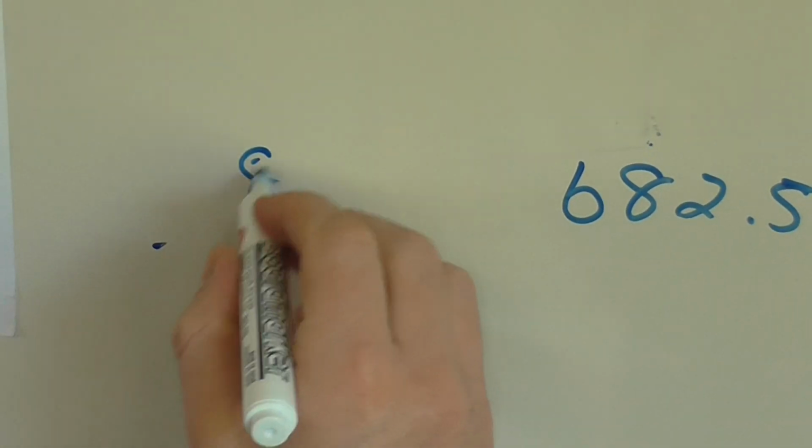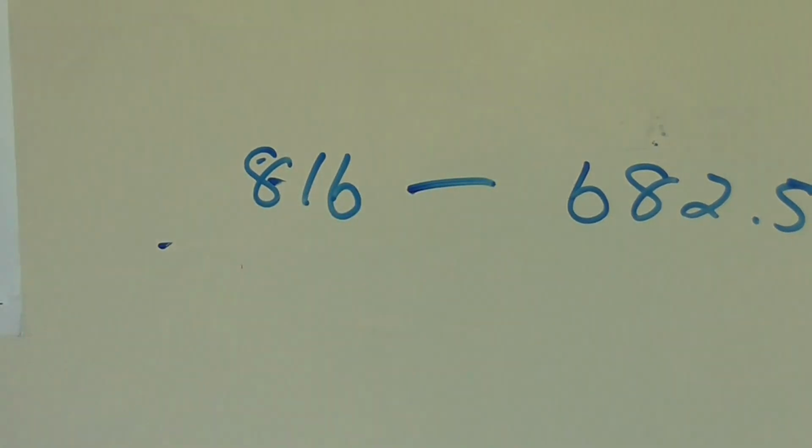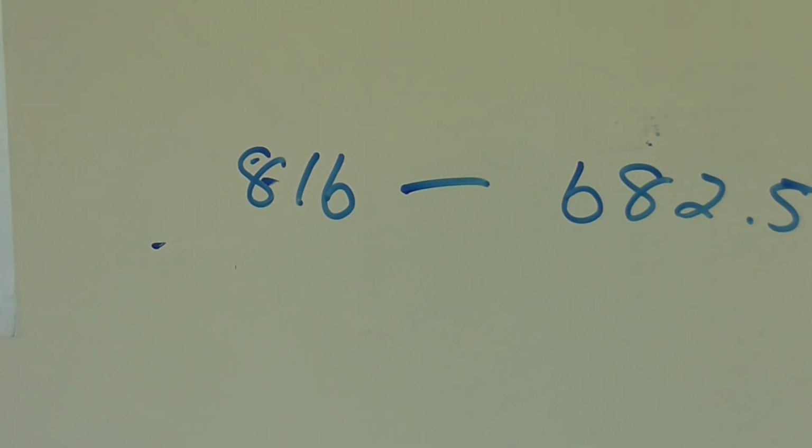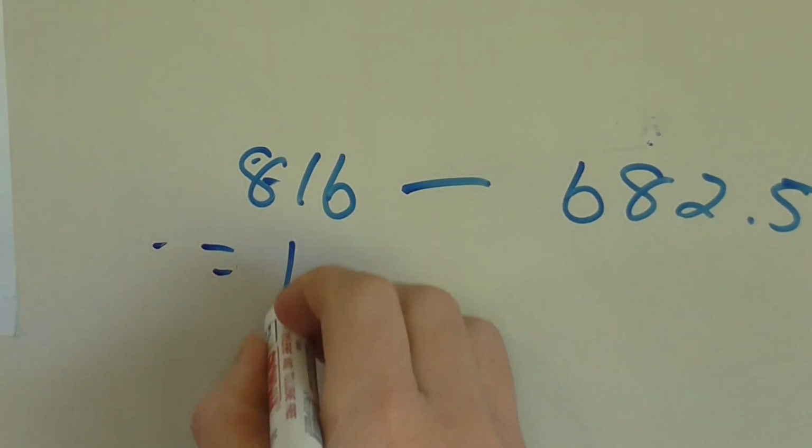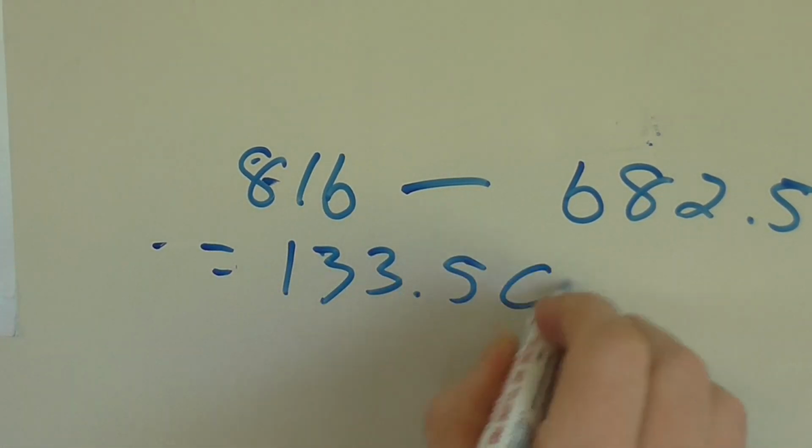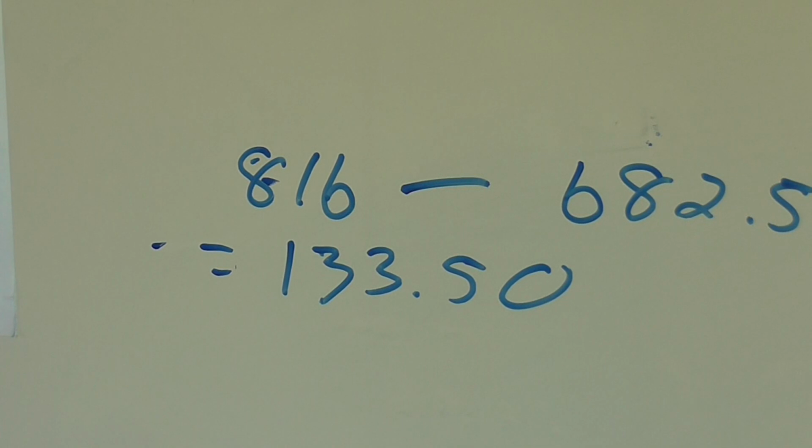So let's see, so I've got 816 minus 682.5, and that gives me 133.50. Okay, so in other words, let's see, 816. So their amount is way too high. Okay, so for some reason they made an entry of 816 and it's supposed to be 682.5. So theirs has to decrease.